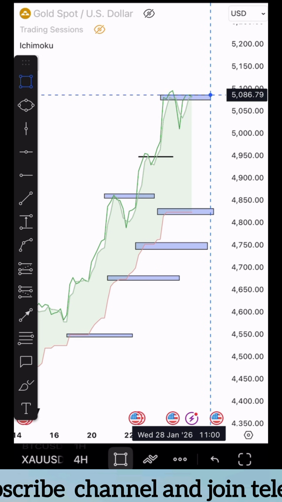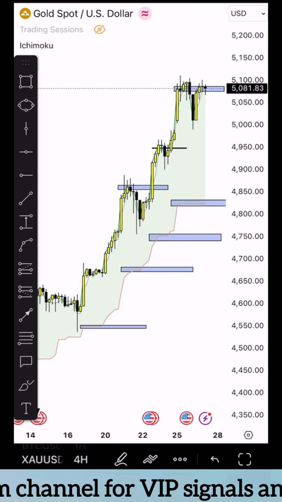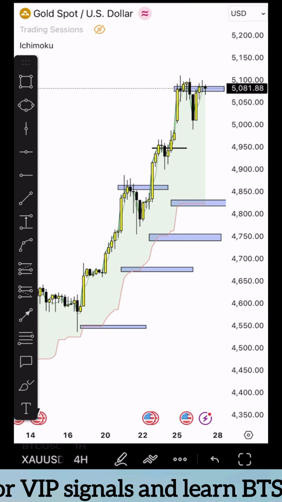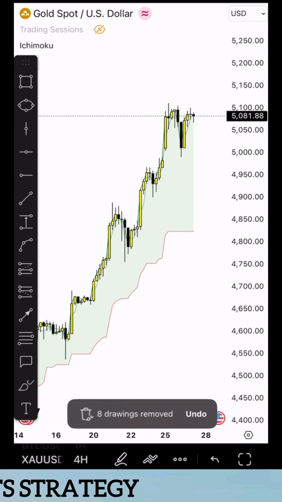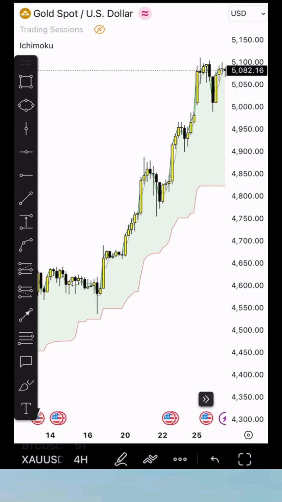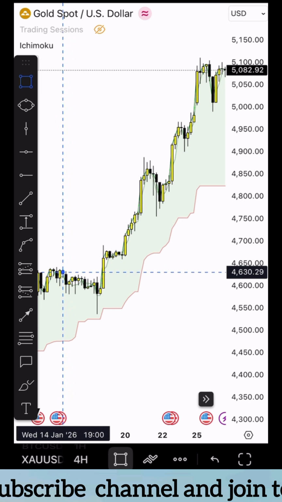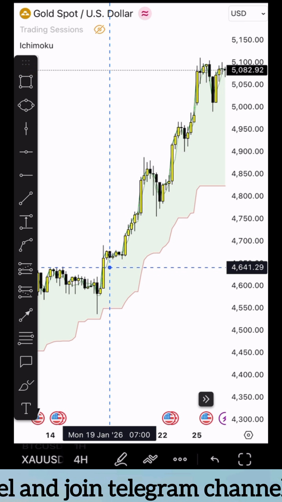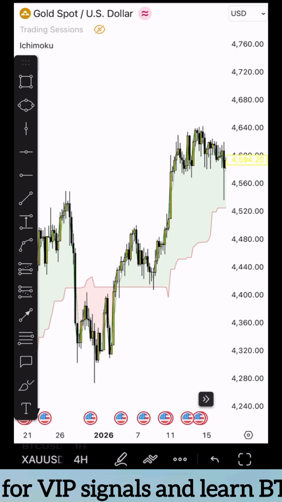Now let me add the price in it, and let me delete everything. So now you can see price has been going up for some time now. Every time price comes back to support and resistance, price respects this indicator.